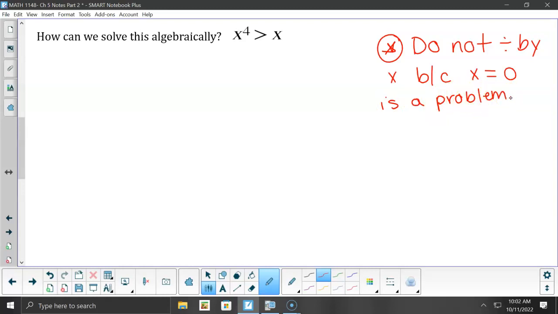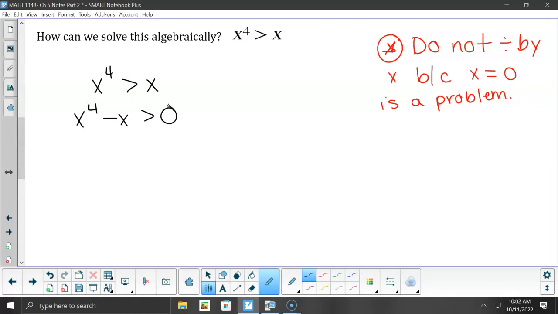That's going to be the biggest issue with it. So we're going to do it the old-fashioned way. Move all the x's to one side. That gives me x to the 4th minus x is now greater than 0. Can I factor that?